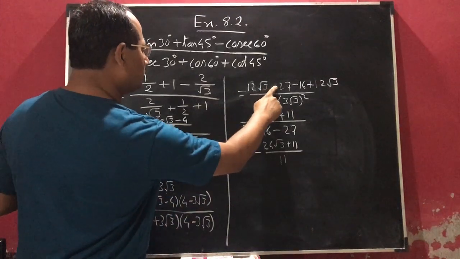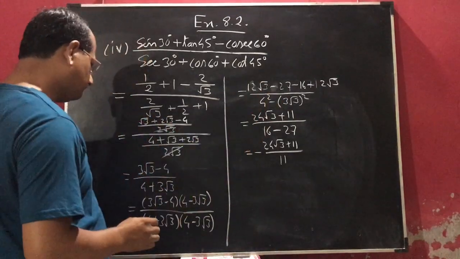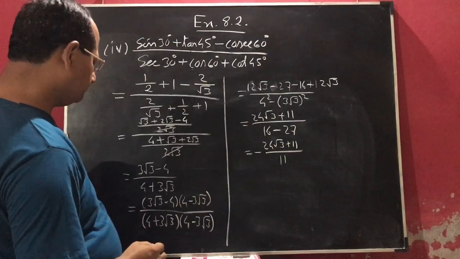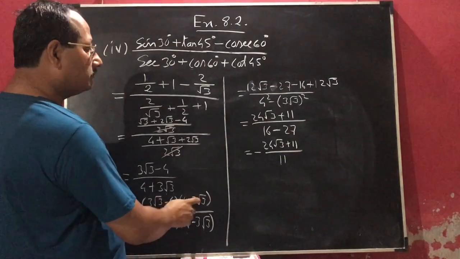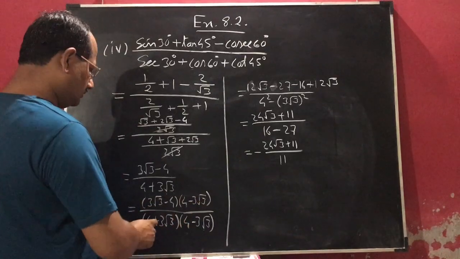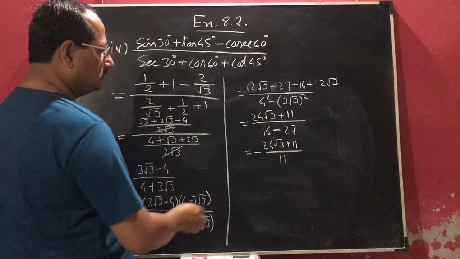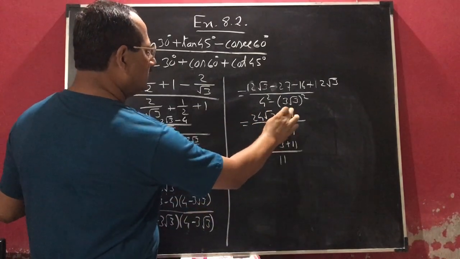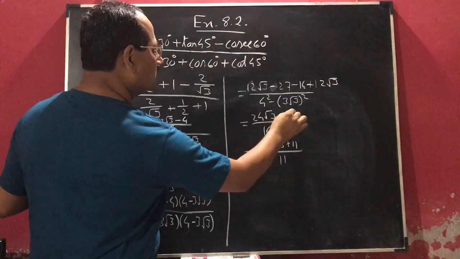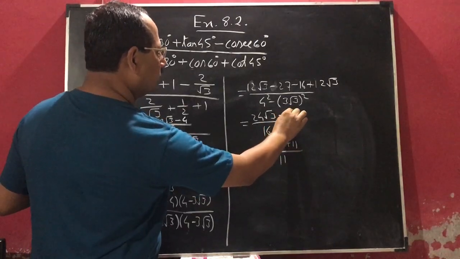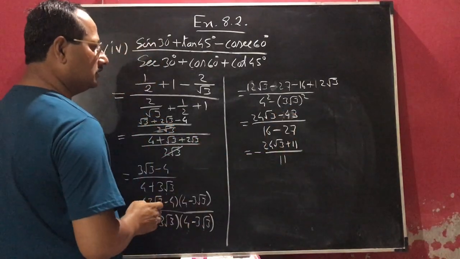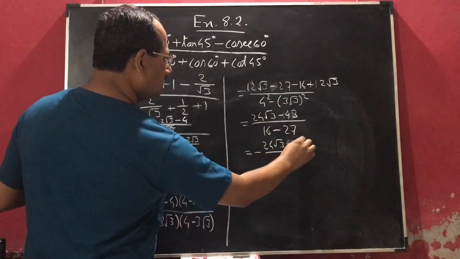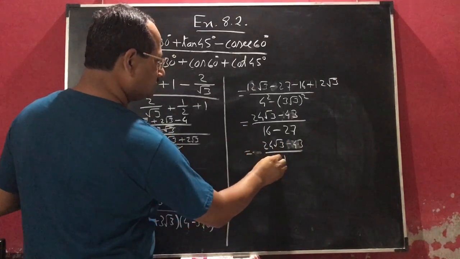Oh, it is 9, minus 16 plus 4, 12 root 3. Here, 16, so it is minus 43. Minus 43, 11.